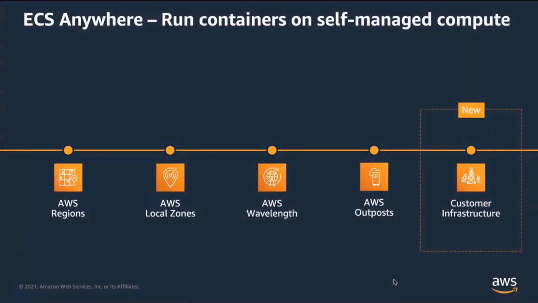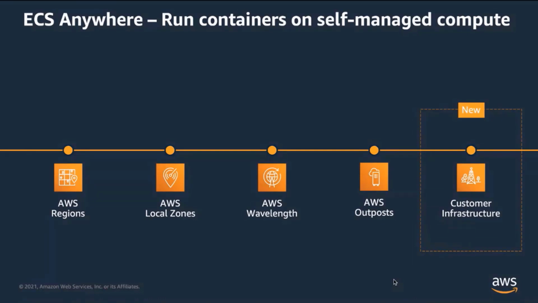And based on the feedback of these hundreds of thousands of users on ECS, we have evolved the options where you can run the containers. We, of course, support all the AWS regions and the EC2 and the Fargate variants over there. Then the local zones, Wavelength, Outposts, they're all supported.